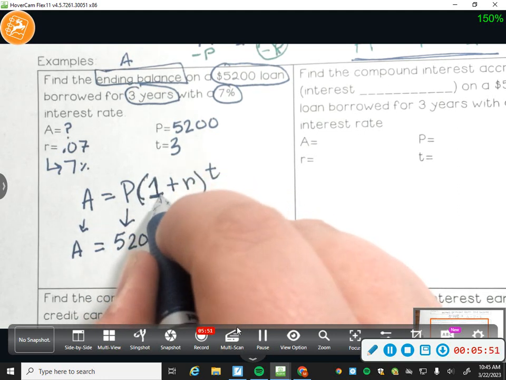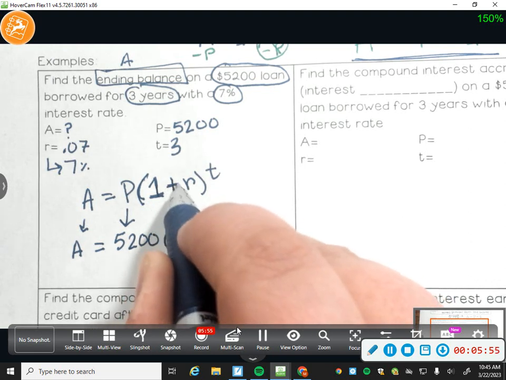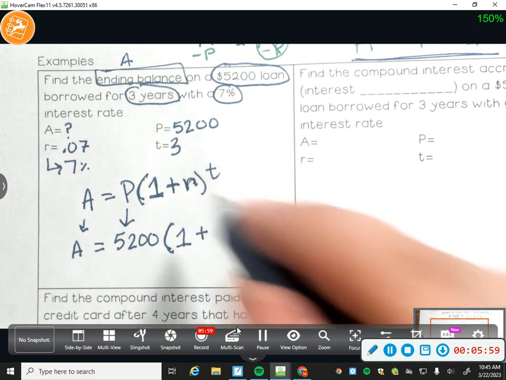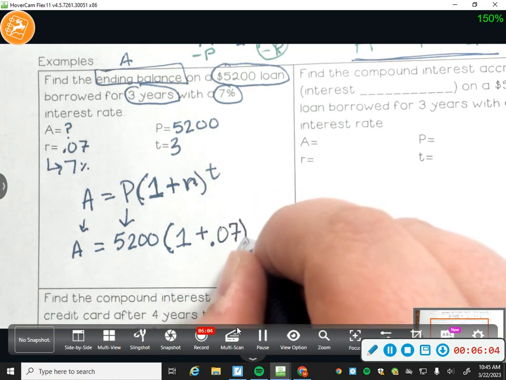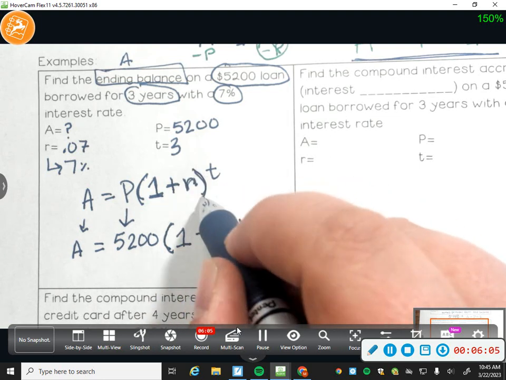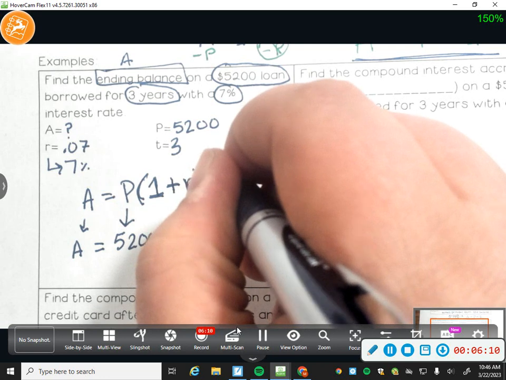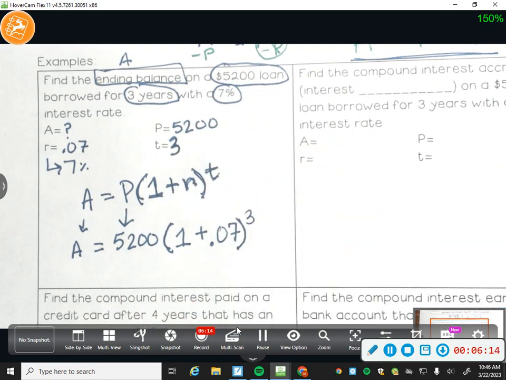There's a number 1 that I'm just going to copy down. There's plus that I'm copying down, and then there's an R. For R, we're going to use 0.07 because that's the value for the rate that's not using a percent. There's a closed parentheses, so I copy that down, and then it's raised to the T power. I know the value of T is 3, so I'm going to use the power of 3.